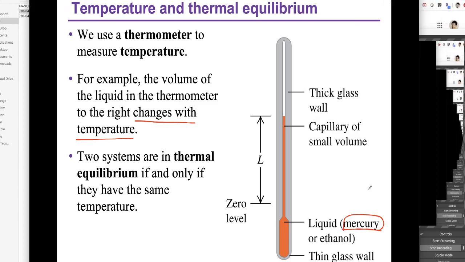So if you put the thermometer in a high temperature environment, then the volume of the liquid grows bigger. Then you will see the bar or the scale getting higher and higher. And this is how a thermometer works. That's the mechanism behind the thermometer.